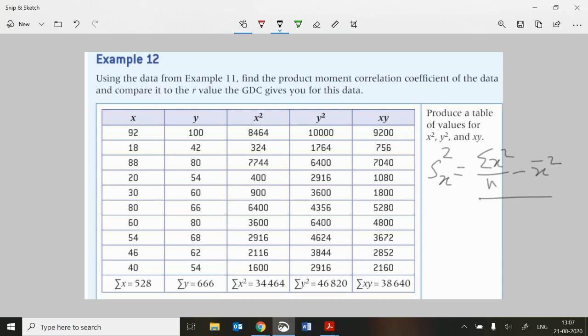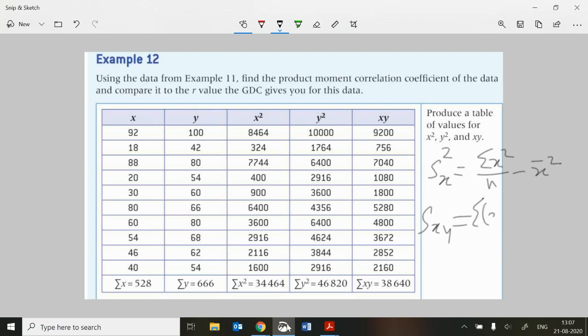Now remember that that's the alternative formula to the one which is x minus x bar for each of your points. But in this example, they're using this version of the formula for the variance. So there's the sum of all of the x's, the sum of all of the x squareds, the sum of all of the y squareds, the sum of all of the y's, and then the SxY formula.